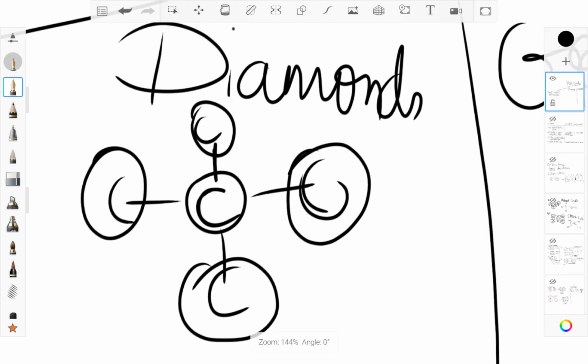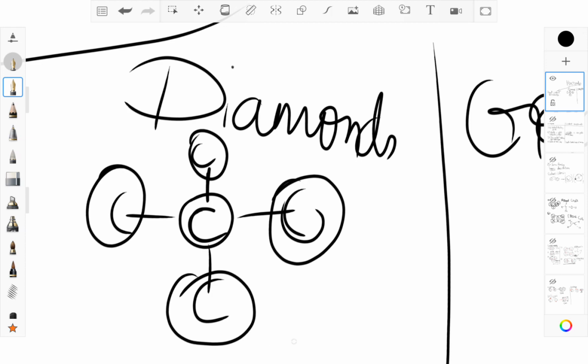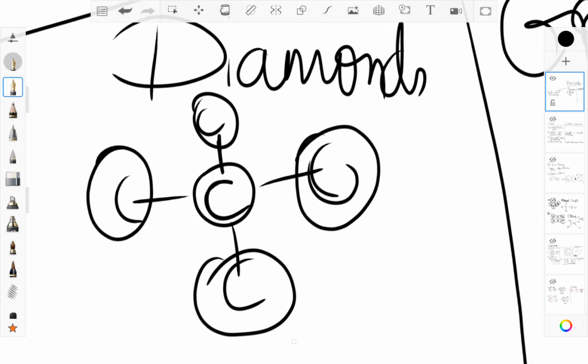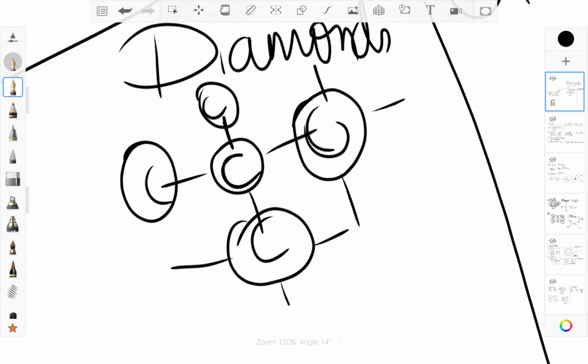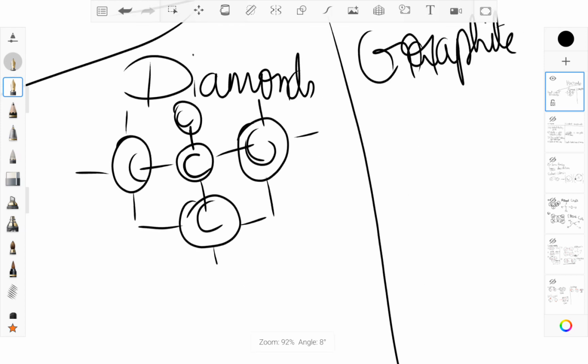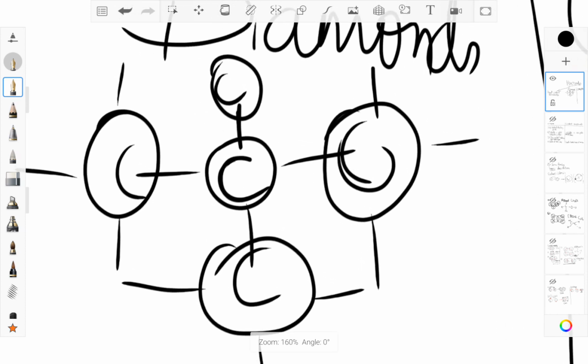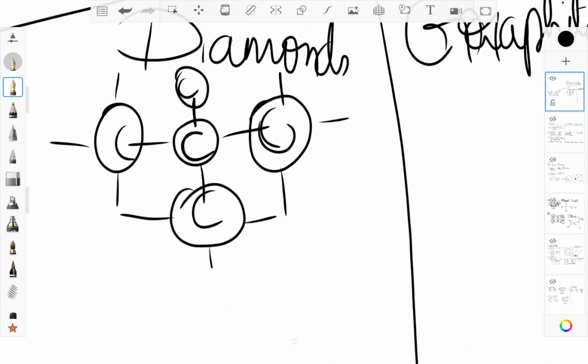Now what this means is that all of the valence electrons in a carbon atom are being used to form bonds. And thus this makes carbon very strong and hard, but this also means that it doesn't have any free electrons, so it doesn't conduct any electricity. What I've drawn here is just a small version of its structure. In reality, it stretches out a lot.